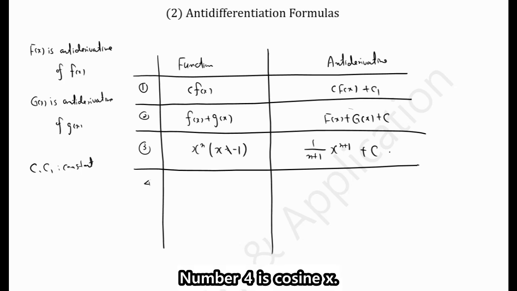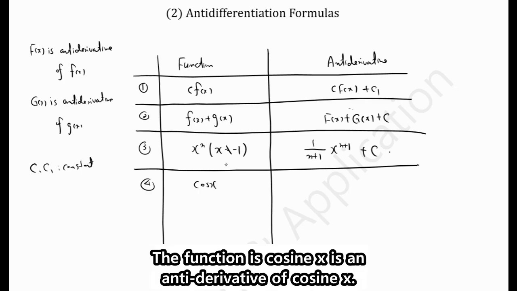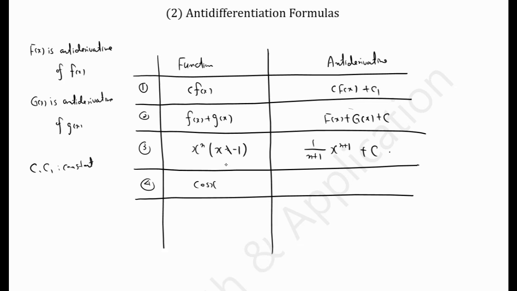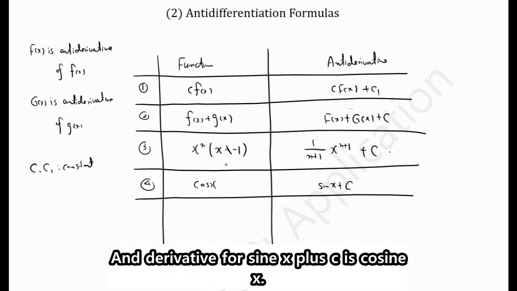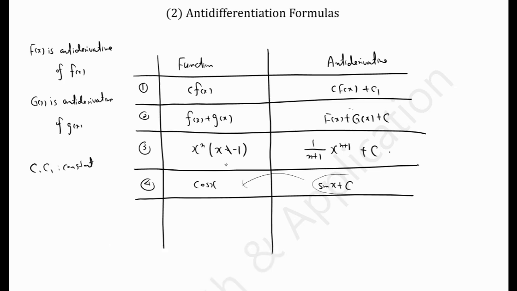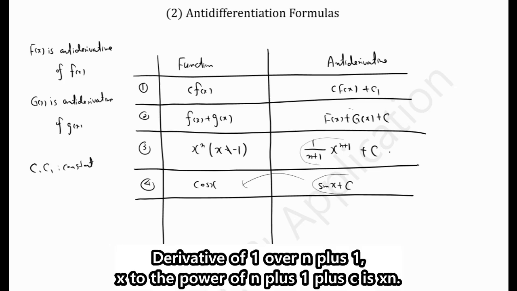Number 4 is cosine x. An antiderivative of cosine x is sine x plus c. And the derivative of sine x plus c is cosine x. The derivative of 1 over n plus 1 x to the power of n plus 1 plus c is x^n.